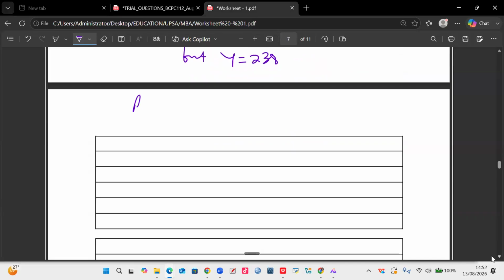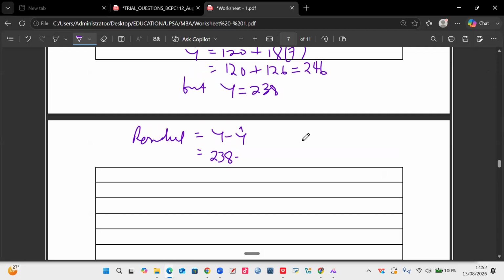So we come to the residual, which is y minus y hat. 238 minus 246 gives us negative 8.